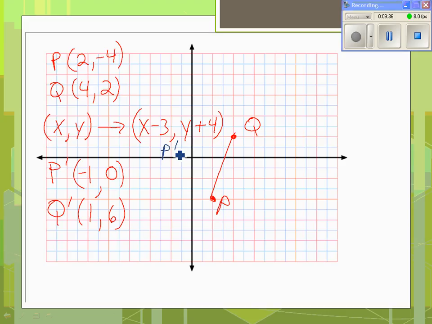Q prime is (1, 6). So that's the translation. That's where we slid that segment to, from here to there. Other questions?